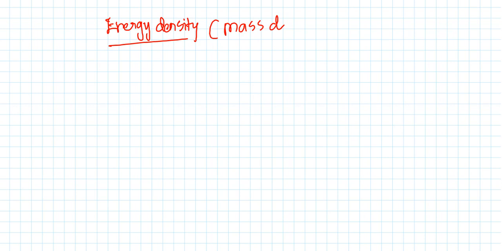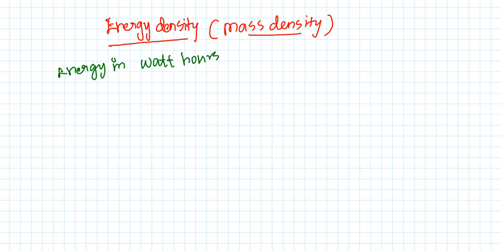The next one is the energy density of the battery. Energy density is simply called mass density. Here mass density means energy in watt hours per unit mass of the battery.